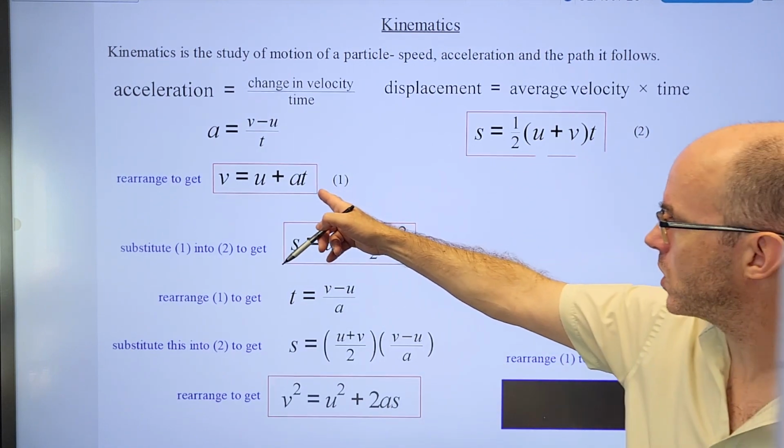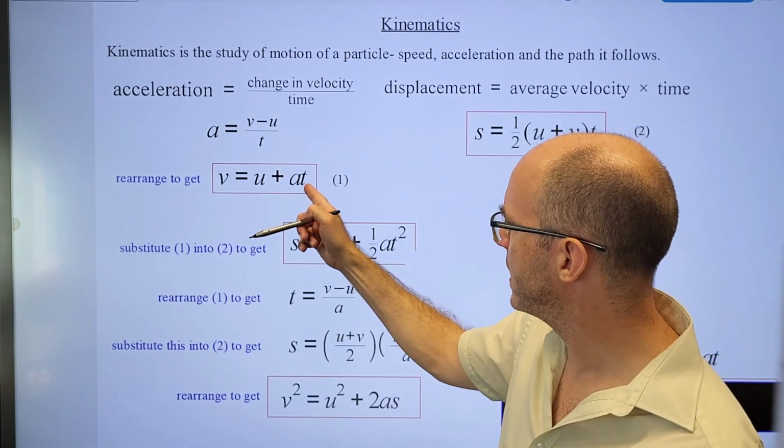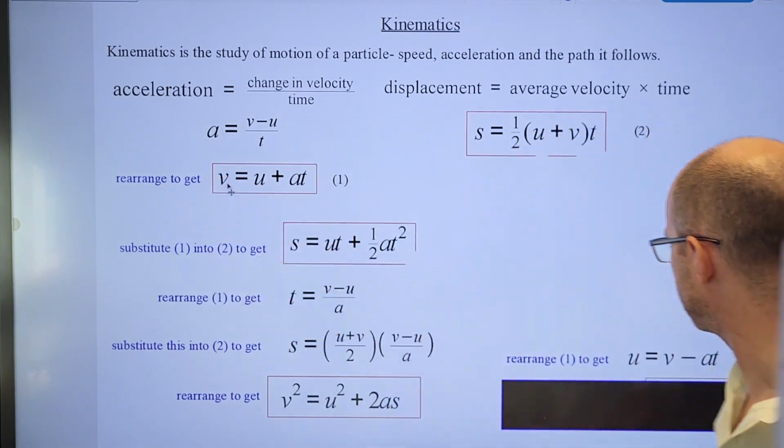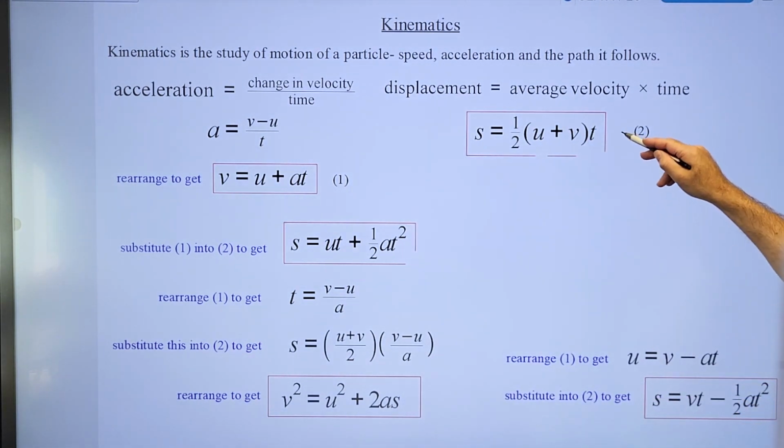If you rearrange equation 1 again, you can get U equals V minus AT. That's hopefully kind of obvious. Just put the AT onto that side, you get V minus AT is equal to U. And if you then substitute this into equation 2, you get the last one. Let me just show you how that works.